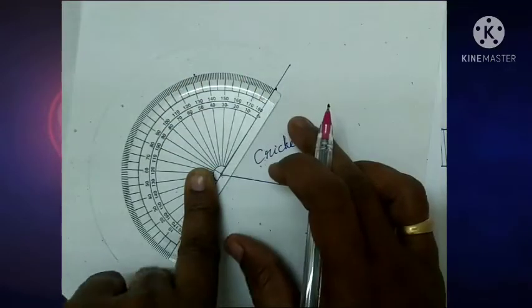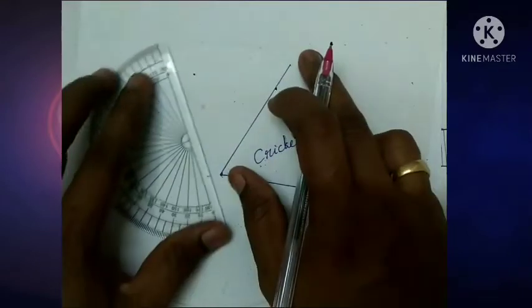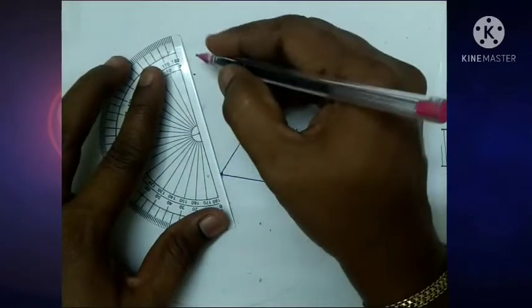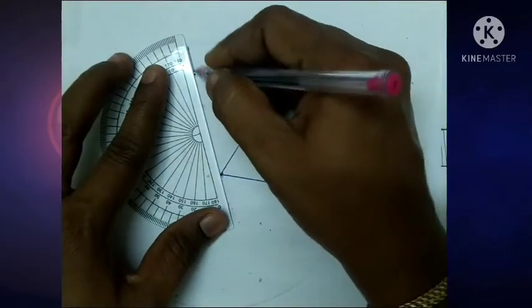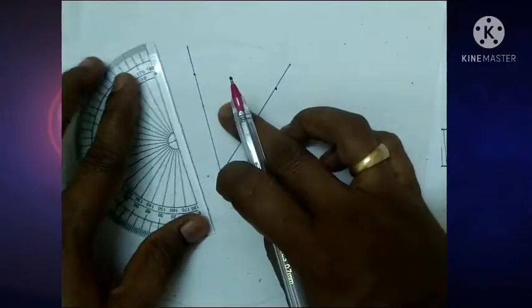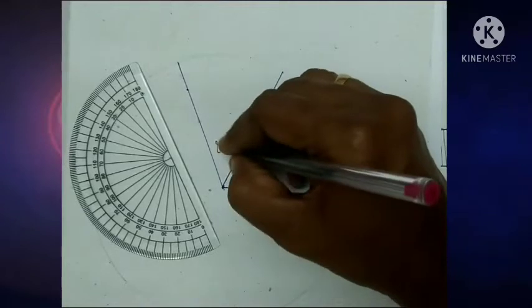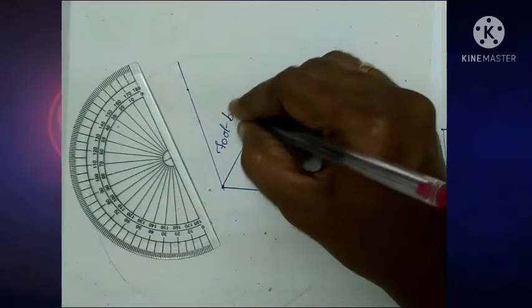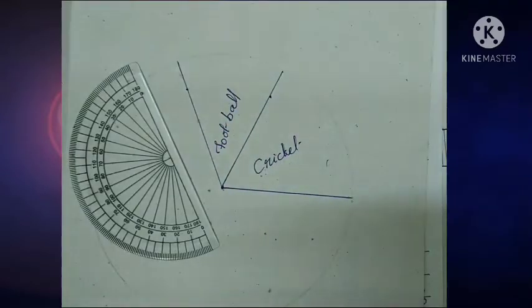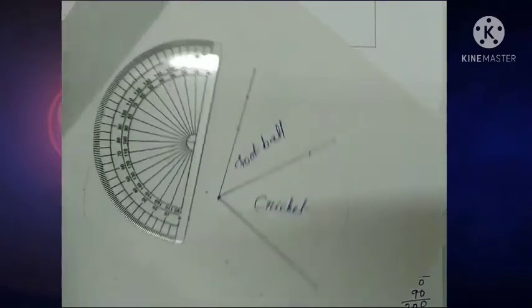There we put the point and then join. So this portion is, yes, which portion? Yes, that is football. And then please twist this paper like this.